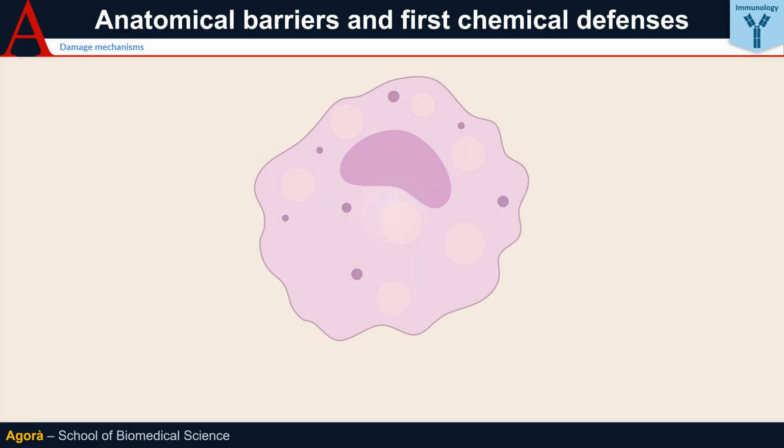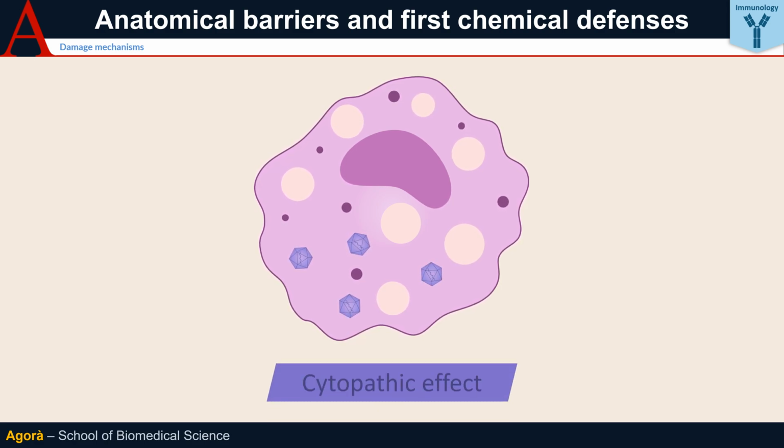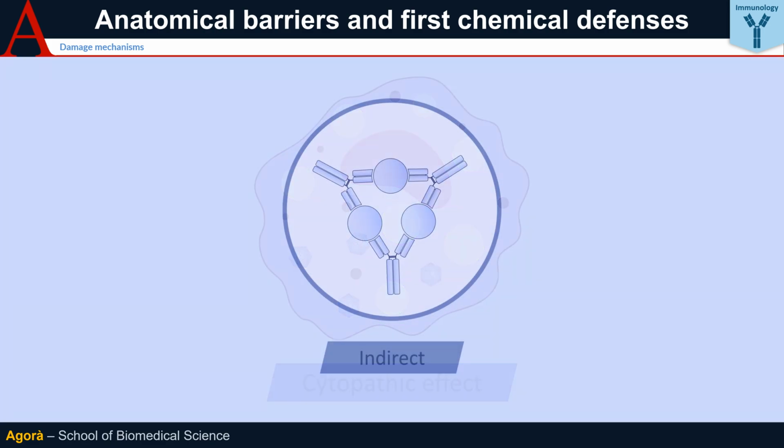The direct cytopathic effect is a feature of many viruses, which, after entering the cell, can directly damage it, for example, by inducing lysis or inhibiting replication.